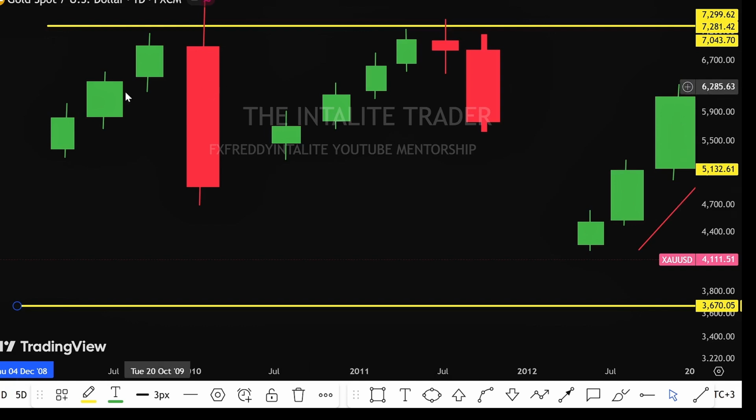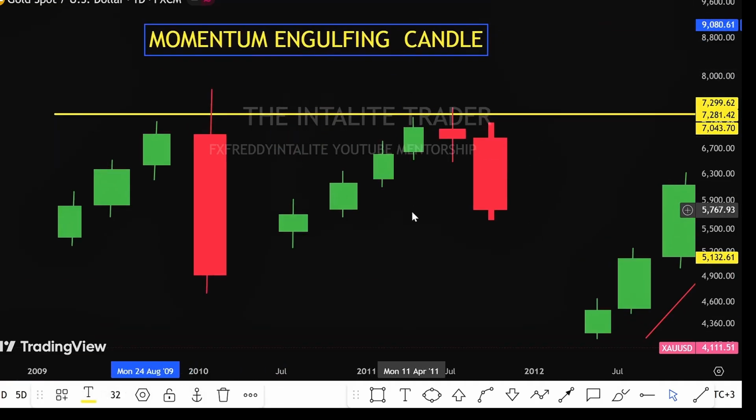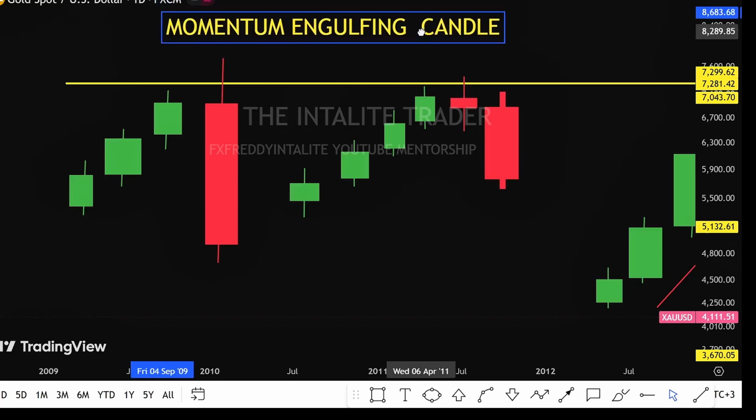If it is in an uptrend, it is going to confirm a lot of sellers who have stepped in at that level. And this creates a strong bearish momentum, causing a reversal. So this is used as a reversal trend change pattern.